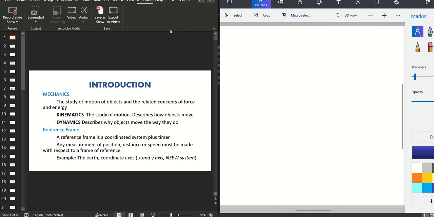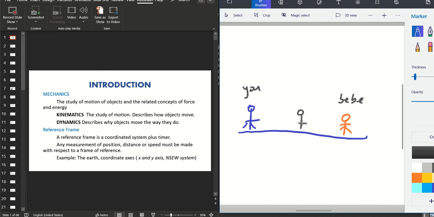Okay, so a very important key term here is the reference frame. So reference frame is a coordinate system plus a timer. So in a nutshell, what reference frame really means is, for example, this is you and this is your bebe, and this is me.